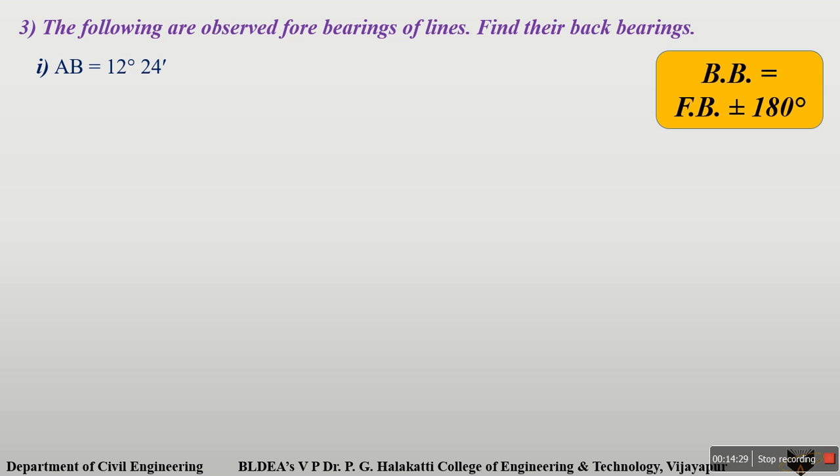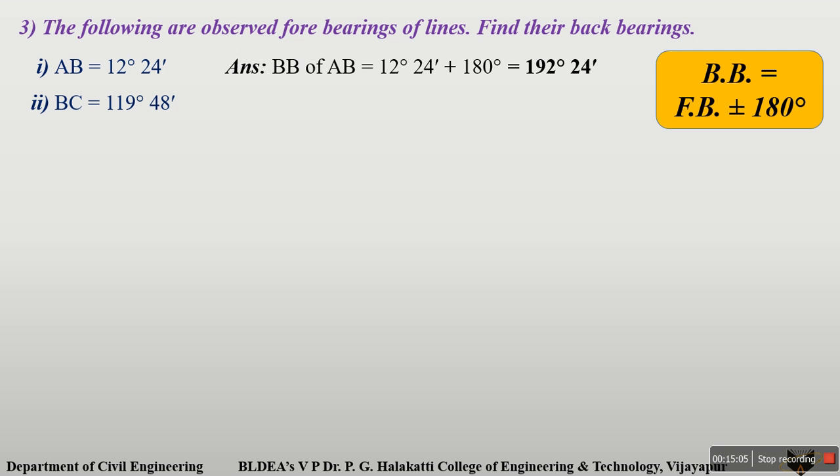So first one, the bearing of AB line, it is 12 degree 24 minutes. Now we have to calculate the back bearing of AB, that is equal to 12 degree 24 minutes. Here the bearing of AB is lesser than 180 degree, you have to use the plus 180 degree. Just add them, we'll get the back bearing of AB is equal to 192 degree 24 minutes.